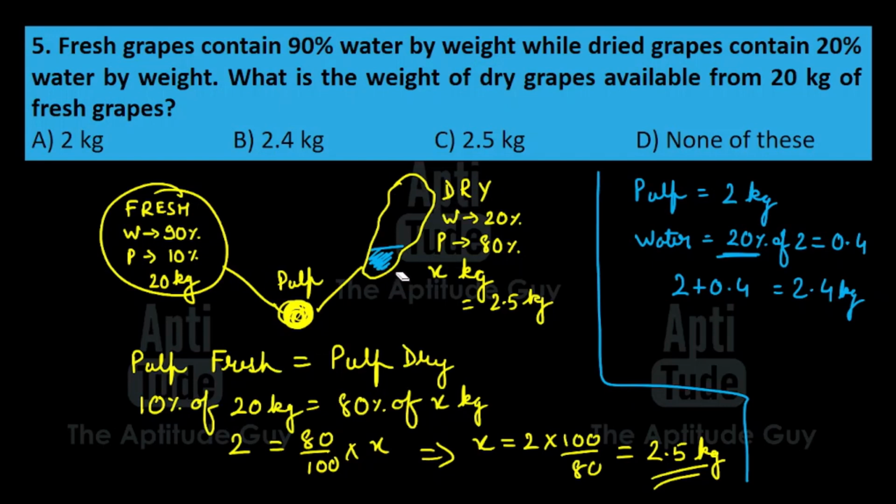The whole thing, 20% of the whole thing is water, not 20% of the pulp. Pulp alone is 80%. This 2 kg itself is not 100% of the grape. This 2 kg is 80% of the grape. Okay, and 20% of the grape is water. That is why 0.4 is not the amount of water, so 2.4 is the wrong answer.